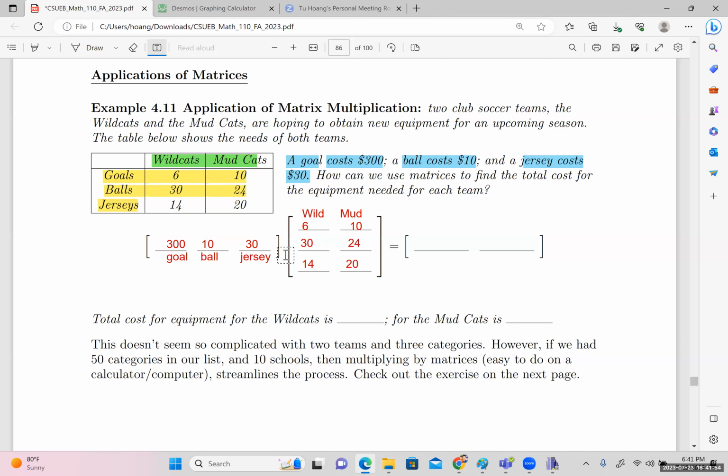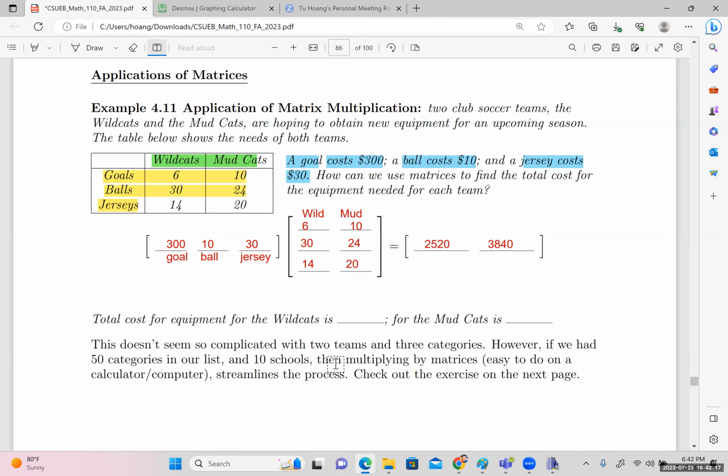Okay, so you multiply these two matrices, you will get the answer as 2520 and 3840.